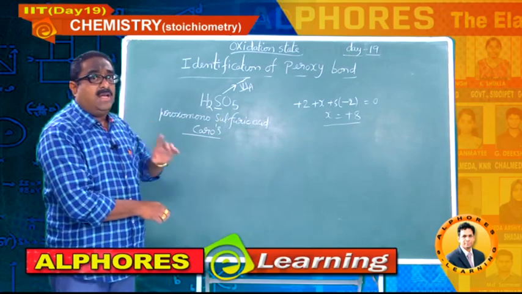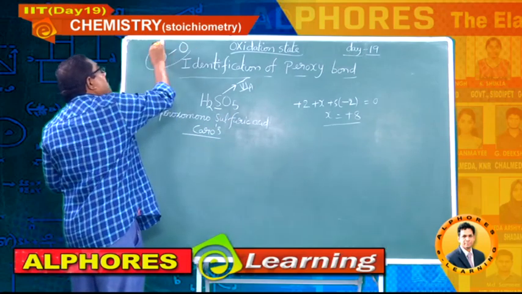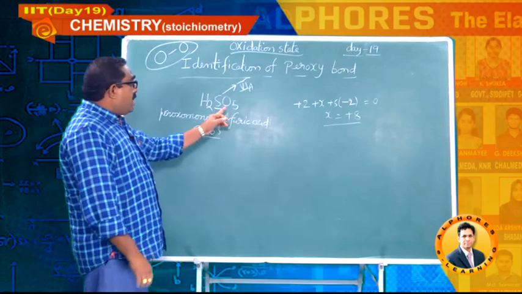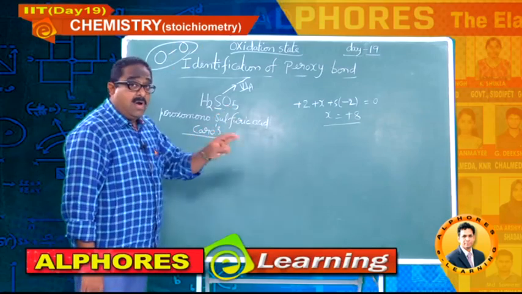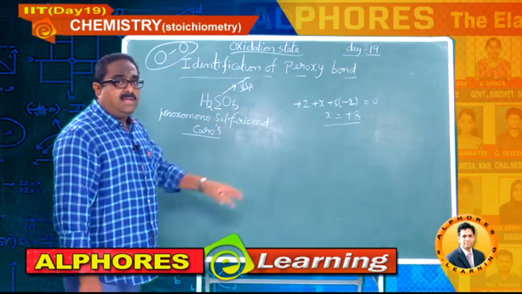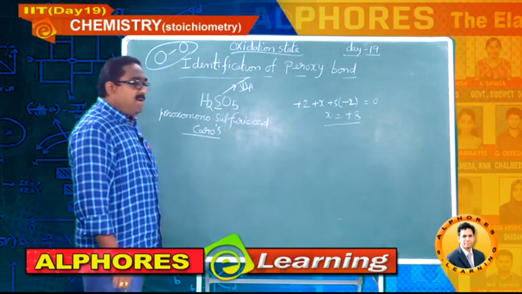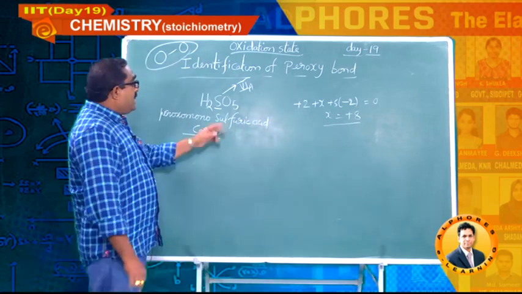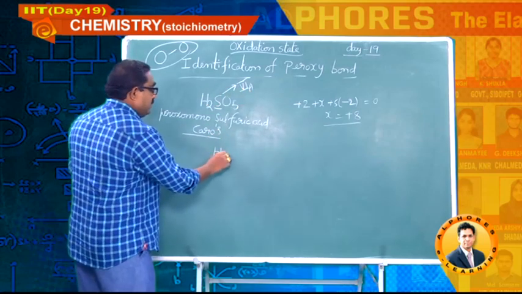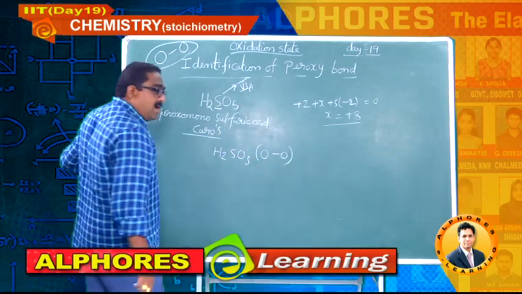I have already taught you, an O-O single bond is called a peroxy bond. So out of these 5 oxygens, 2 oxygens are peroxy oxygens, the remaining 3 are normal oxygens. Now let me separate, because I got +8 even though sulfur belongs to the 6th group. So let me separate H2SO3 and OO, a peroxy bond.